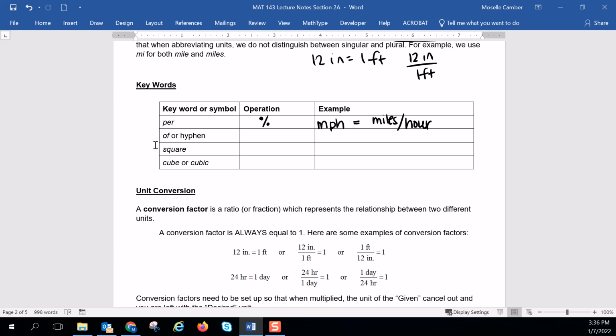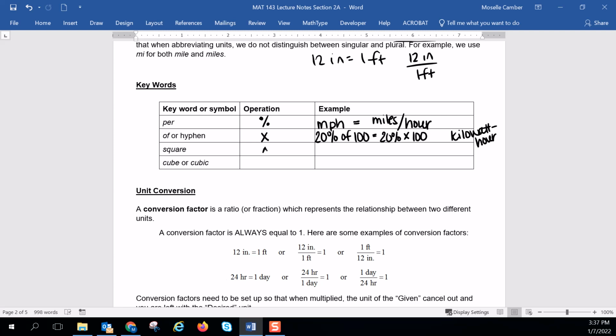The word of or a hyphen means multiplication. For example, if you have 20% of 100, that is 20% times 100. You may also see a hyphen in something like kilowatt-hour, and that is a kilowatt times hour.